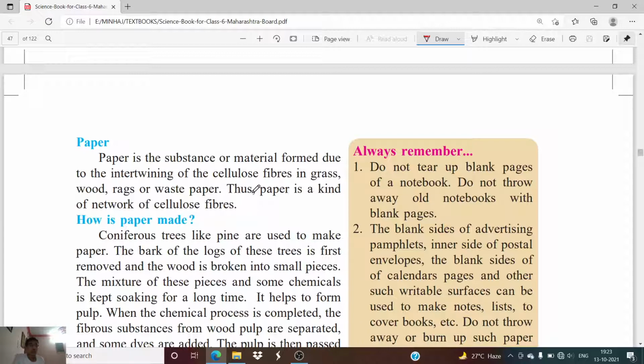So in short we can say that paper is a kind of network of cellulose fibers. Lots of cellulose fibers are placed layer by layer and we get a piece of paper.